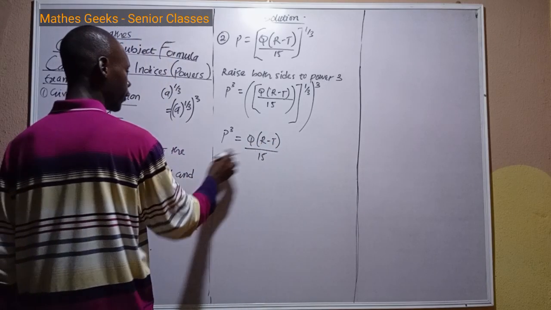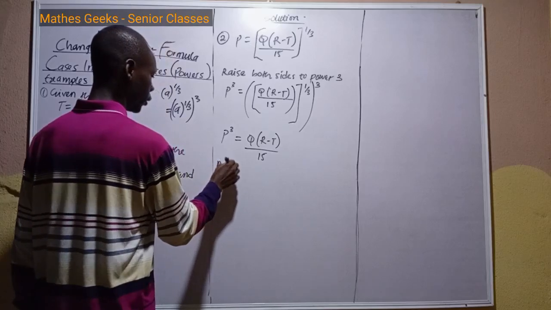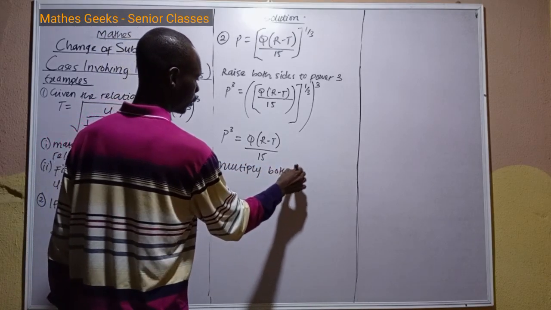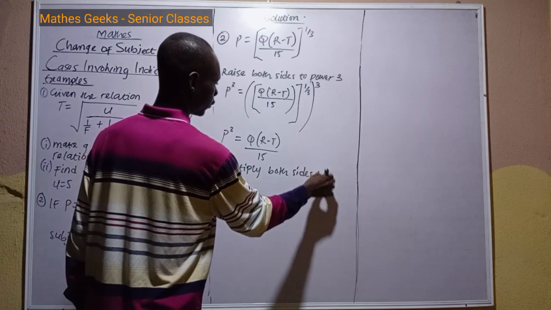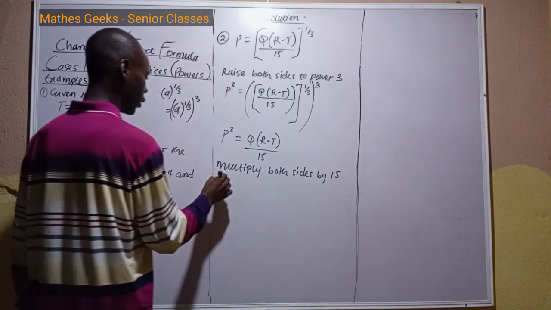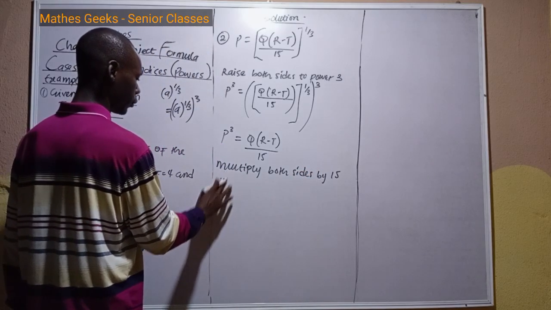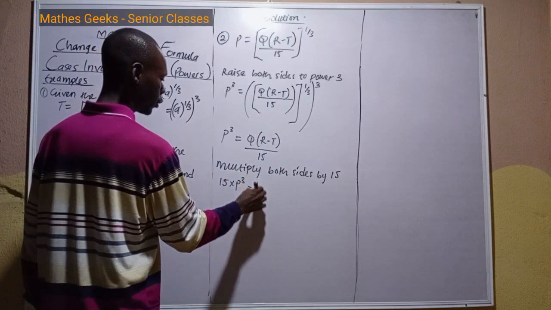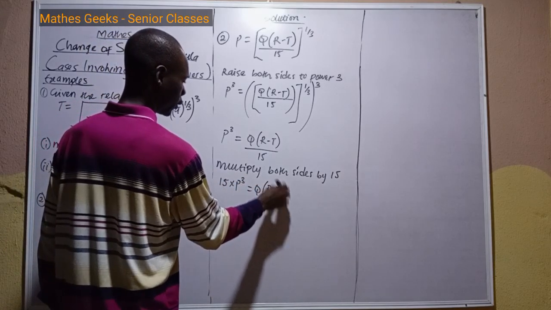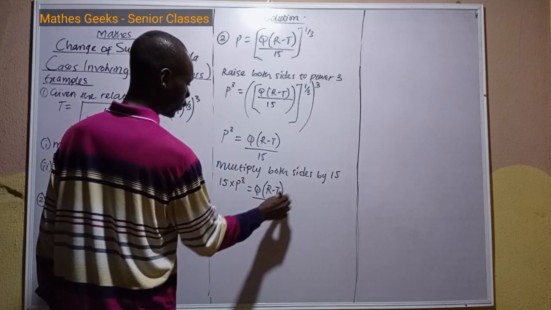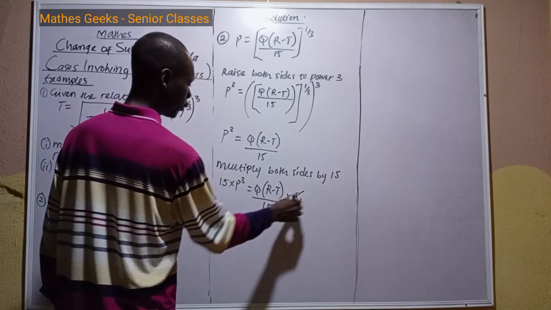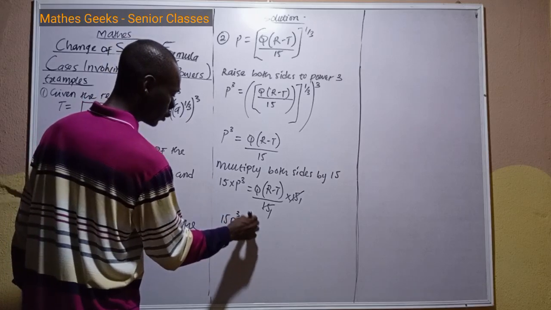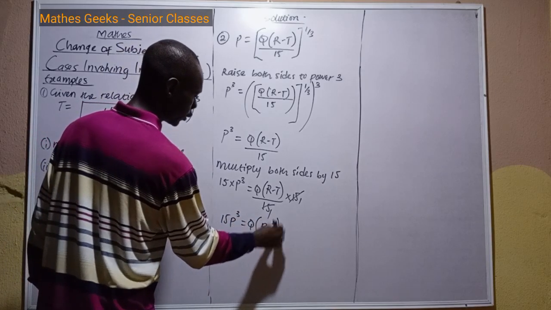Next is to take away 15. So multiply both sides by 15. So 15 times P raised to power 3 equals QR minus T over 15 times 15. 15 P cubed equals Q times R minus T.